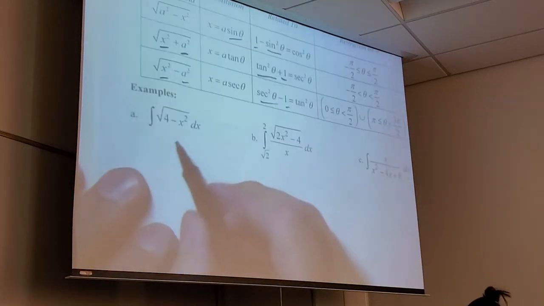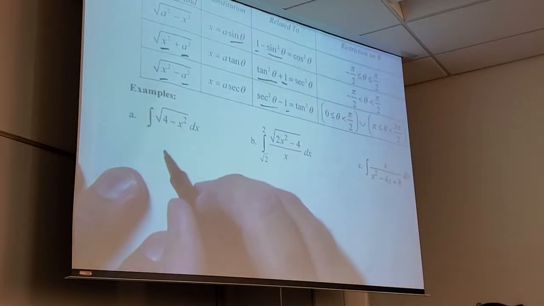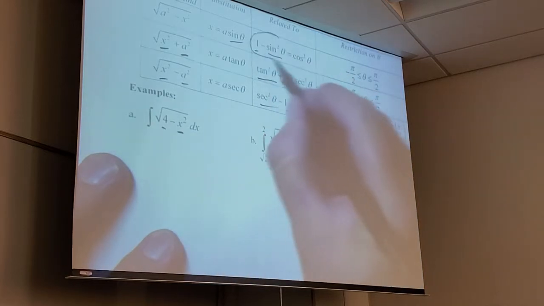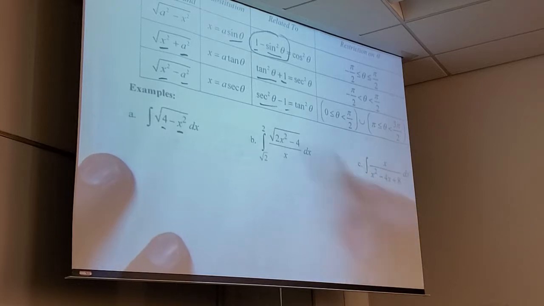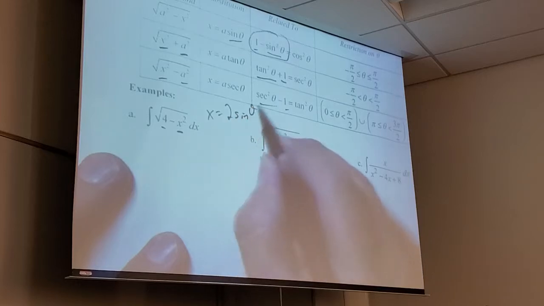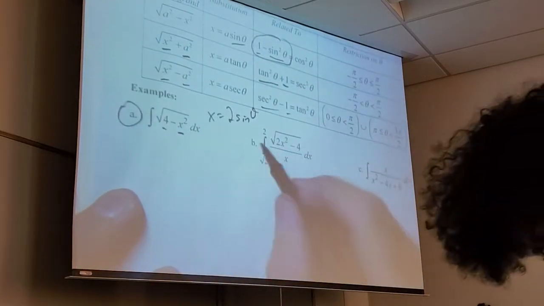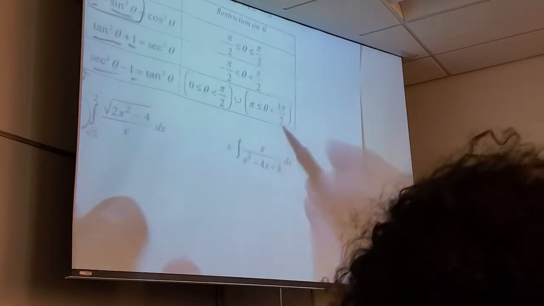We did A and B, so we didn't do C. Just to remind you guys, this is constant minus trig squared, just like 1 minus sine squared, a Pythagorean identity. So I want to let x be, in this case, 2 sine theta. You make it 2 sine theta, so when you square it, you can factor the 4 out of the way and get the identity to show up. So, yeah, we did this one. This one was exciting. Had a bunch of rad 2s in it.